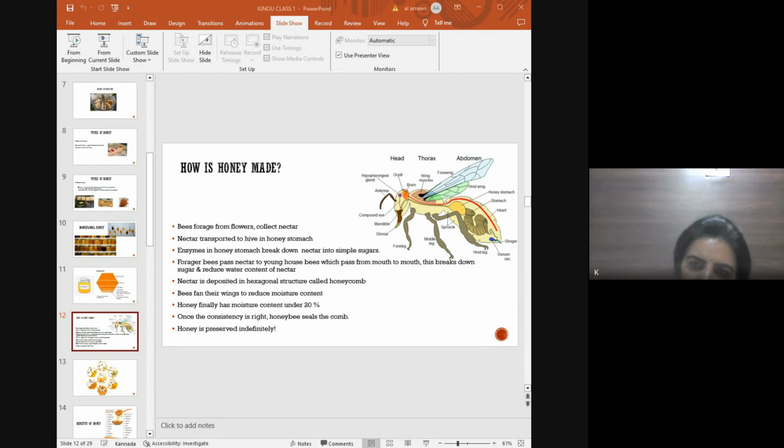When there is a dearth of food, they go back to the honey which has been stored, and it can be utilized. So this is how the nectar in the flower becomes honey which gets onto your table. This will be used for feeding the different members of the colony.